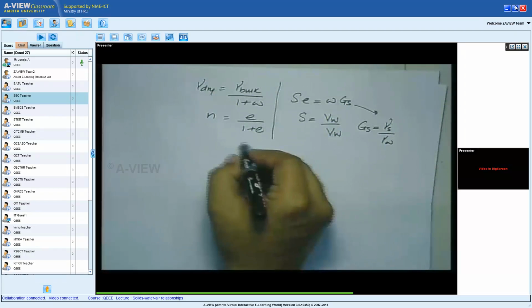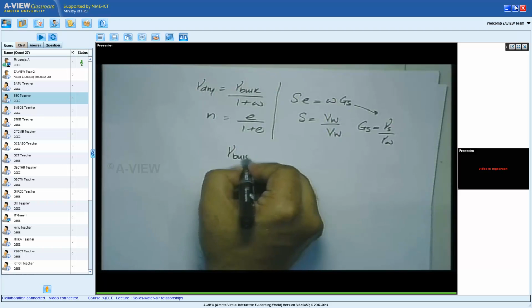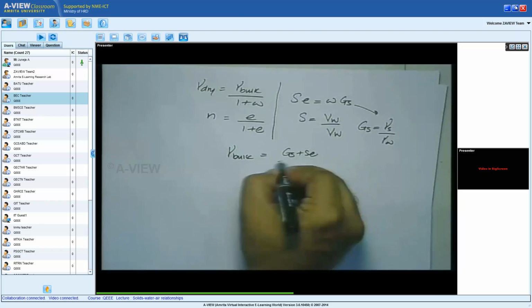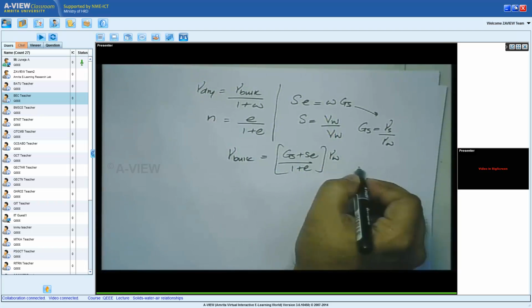We looked at other relationships, and one of the important ones was gamma bulk equal to (Gs plus S e) over (1 plus e), whole thing times gamma water.